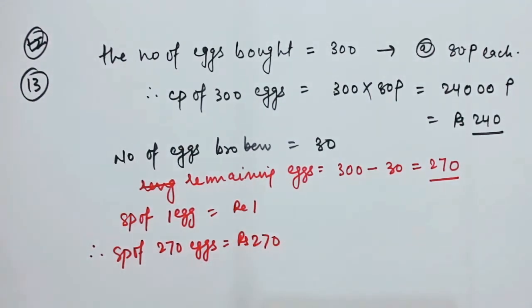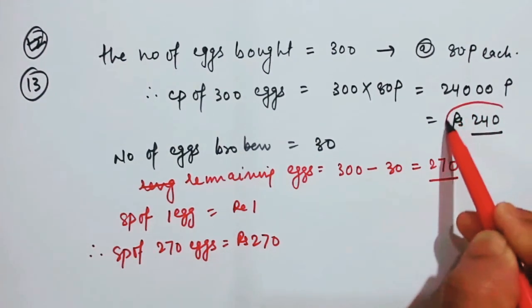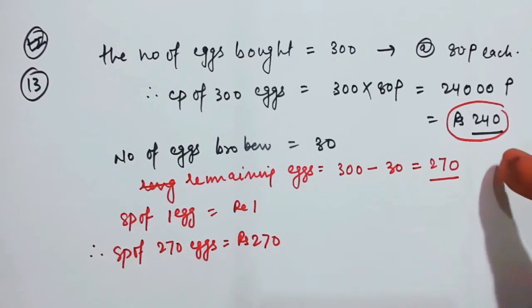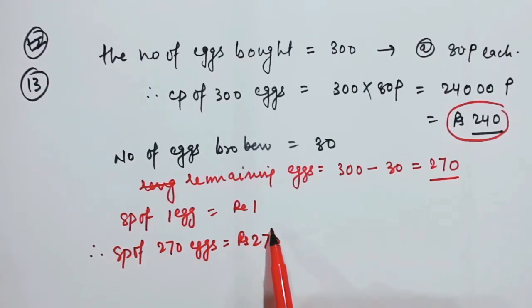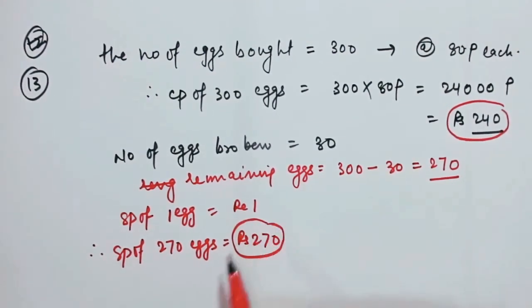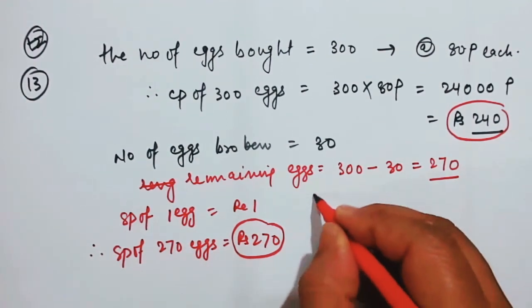Yani after buying the eggs, this fellow, he bought the entire egg at rupees 240 और जो remaining eggs बचा, he sold it at rupees 270. तो बेटा gain कितना होगा?